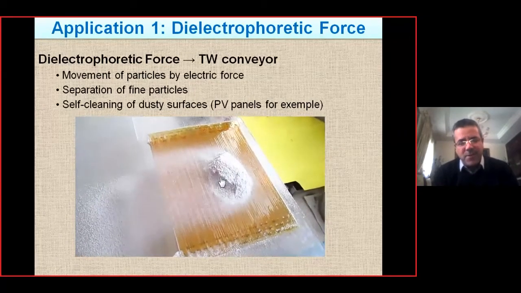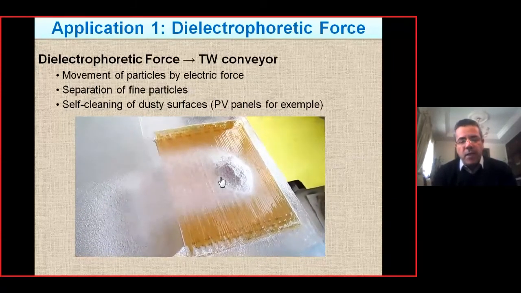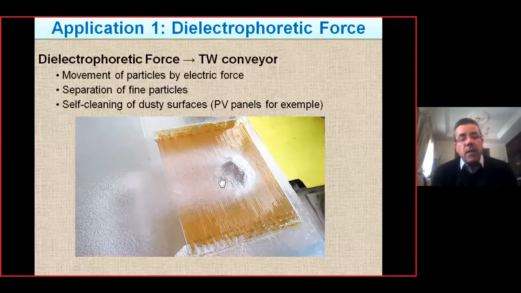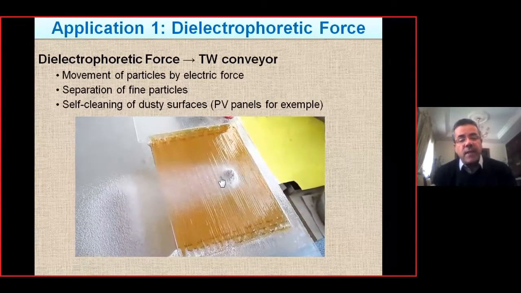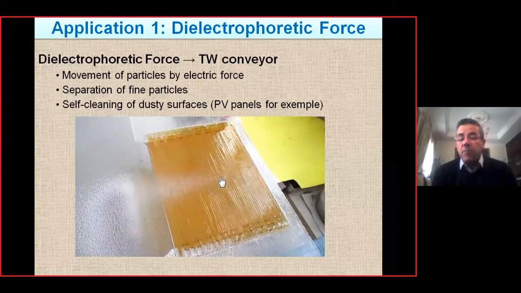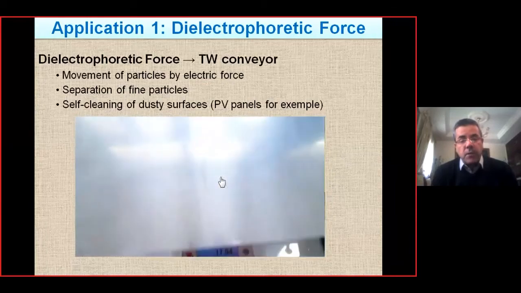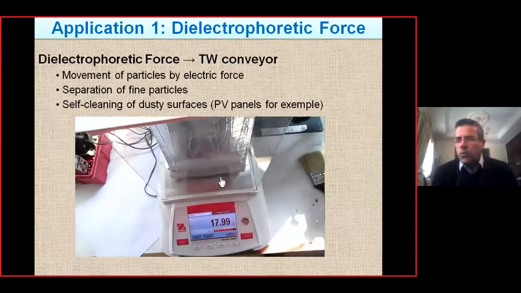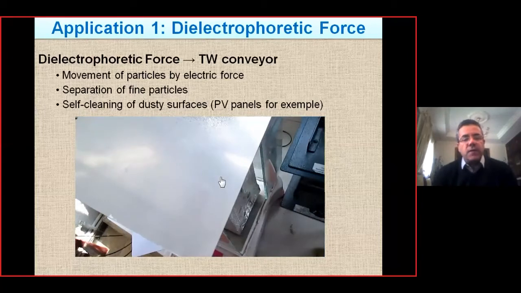Simply, here there is no vibration, just an electric force. Where can we apply this? We can apply this, for example, for self-cleaning of dusty surfaces of PV panels. We currently have a research project to do the self-cleaning of dusty surfaces of PV panels.